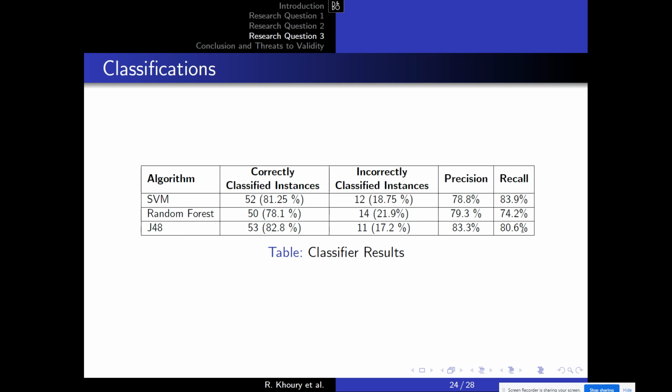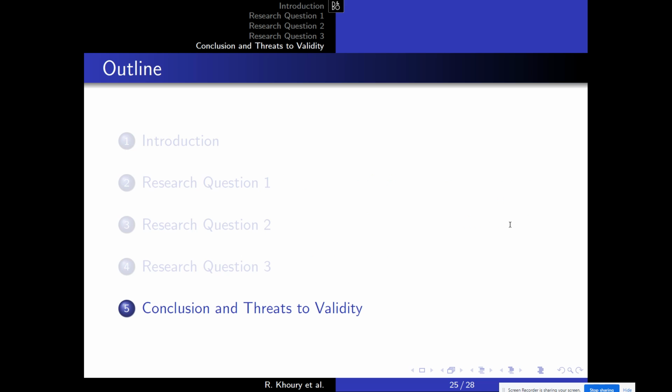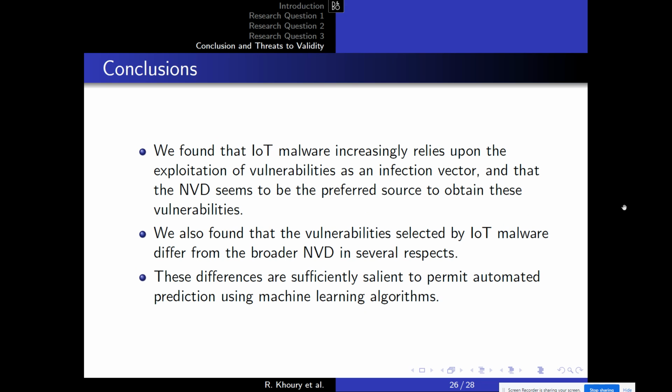So here are our main conclusions. We used 3 different clustering algorithms, and what you can see is that we were able to predict with high precision and high recall if a vulnerability is likely or unlikely to be exploited by IoT malware. So in conclusion, we found that IoT malware increasingly relies upon the exploitation of vulnerabilities as an infection vector, and that the NVD seems to be the preferred source to obtain these vulnerabilities.